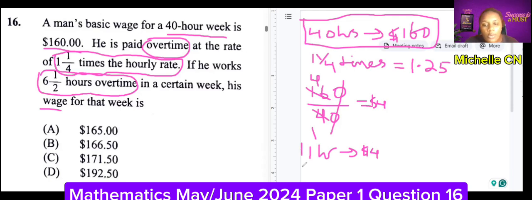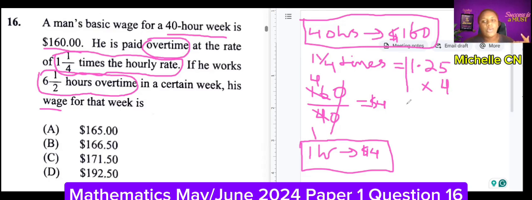Now, since we know how much this person is paid on an hourly rate, to find time and a quarter, which is for overtime, we will take the hourly rate of $4 and multiply it by time and a quarter, which could also be written as 1.25. So multiplying this, 4 5s are 20. Cross out the 0. 4 2s are 8, add 2 is 10. 1 4 is 4, add 1 is 5.